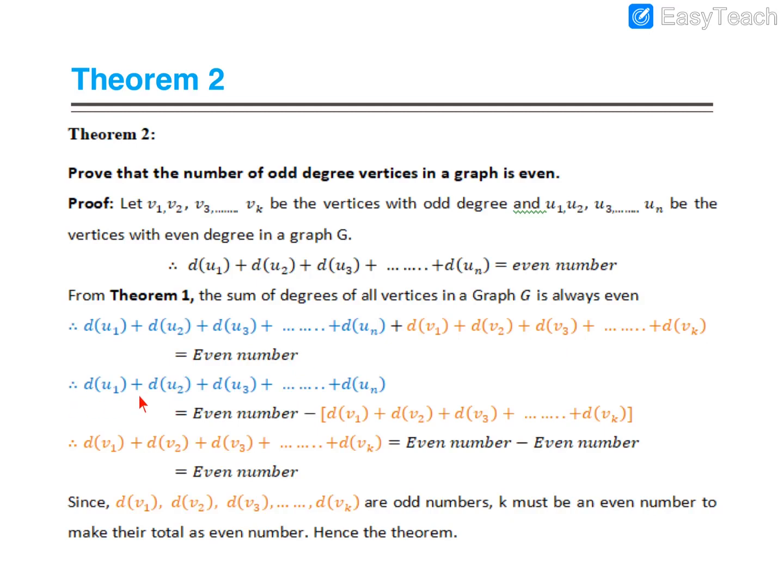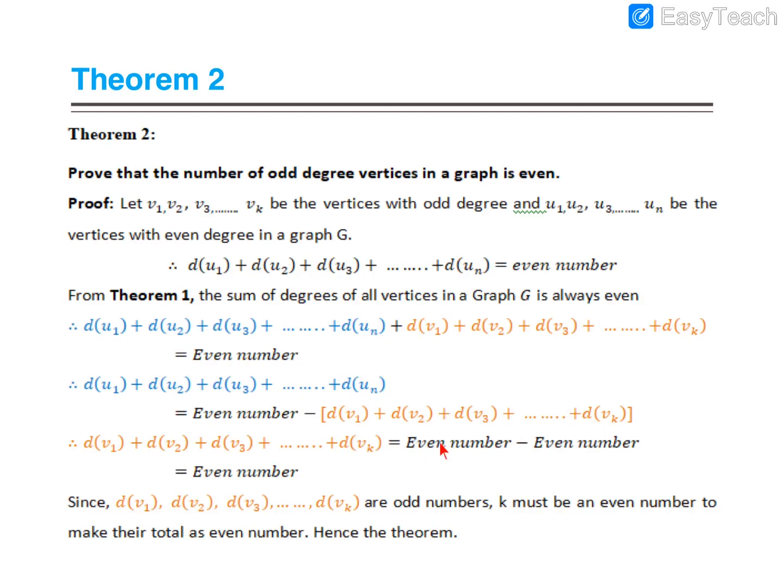Therefore, degree of U1 plus degree of U2 plus up to degree of Un is equal to an even number minus the sum of degree of V1 plus degree of V2 plus up to degree of Vk. Therefore, degree of V1 plus degree of V2 plus degree of V3 plus up to degree of Vk is equal to even number minus even number, because the sum of the degrees of U1 up to Un is an even number.